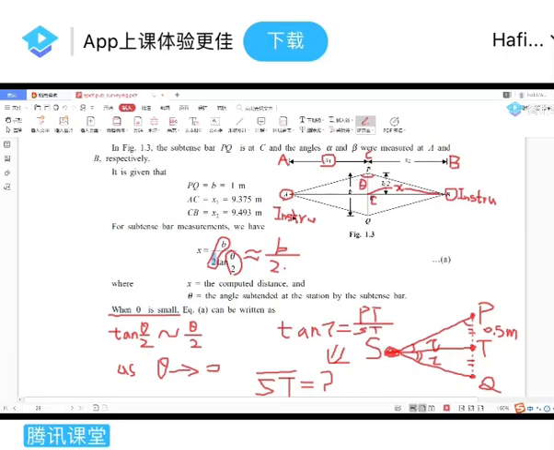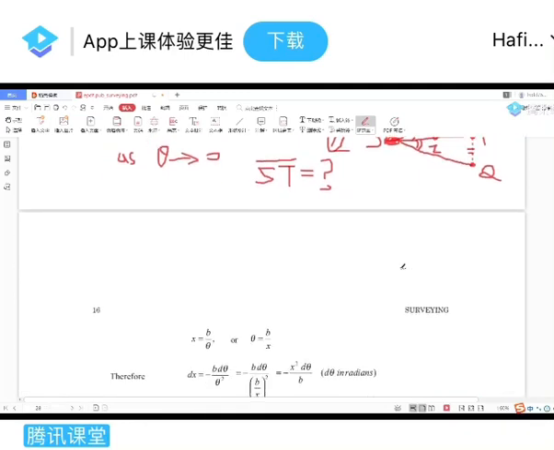In which case will theta approach 0? Hard to tell, but I still recommend calculating the tangent of theta straight away. They don't use this approximation, but since he's writing this way, let's finish this one. Surveying is already inaccurate, and you are doing something even more inaccurate, so it becomes very unstable. So x can be approximated by b divided by theta over here.